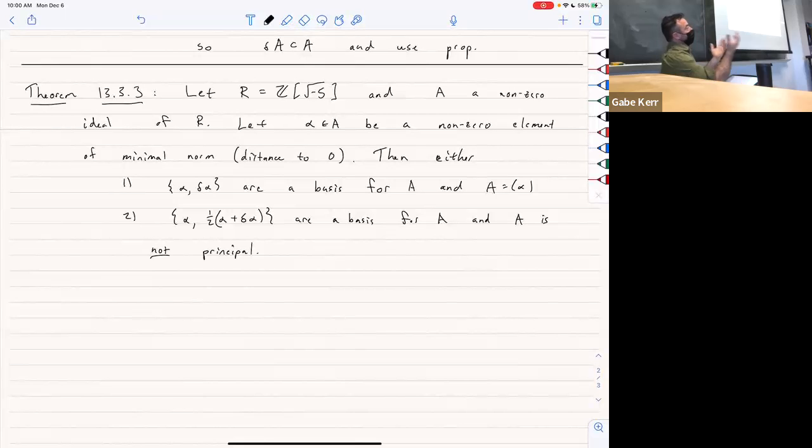This is again, what we're looking at here, this cast of characters that don't fit into this nice scheme of Euclidean domain, principal ideal domain, unique factorization. So we should expect to see some non-principal ideals.